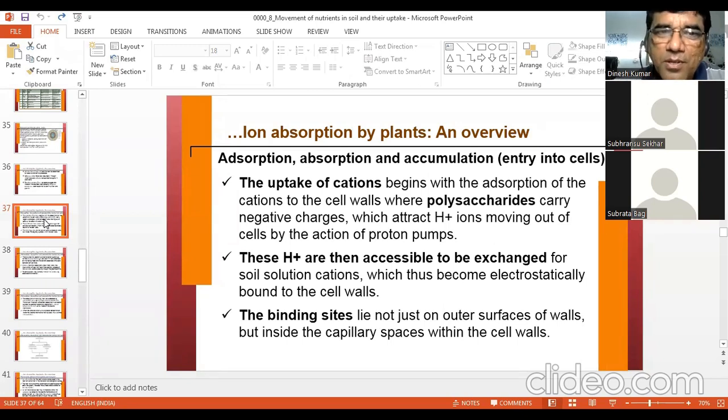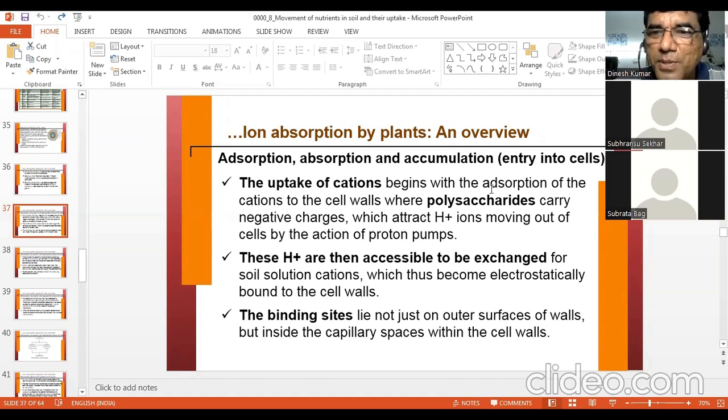So adsorption: they will be coming to the root surface and they will be adsorbed to the roots. Then absorption: they will enter, and then their accumulation inside the cell wall. How it will move further is another case. It is up to reaching the cell membrane, and from the cell membrane onward, different processes will come.